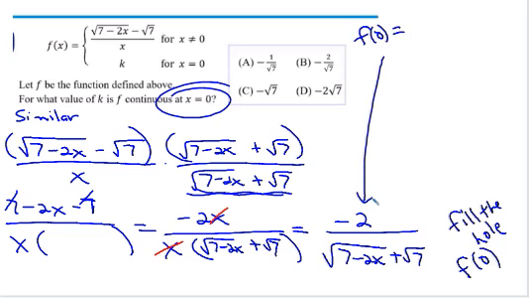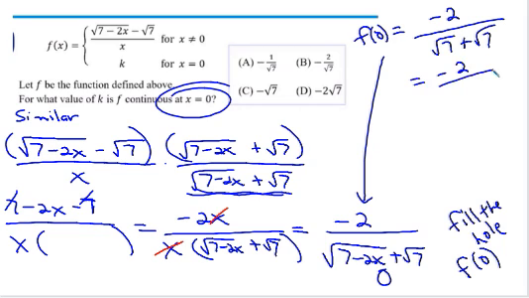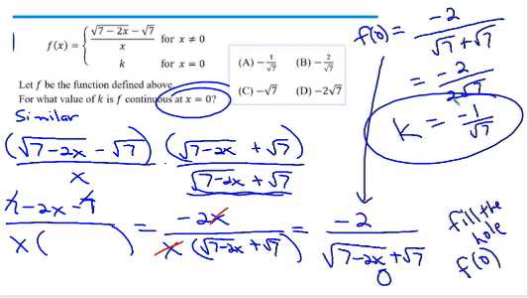And I have negative 2 over the square root, if I put a 0 in right there, that's just going to be the square root of 7 plus the square root of 7. So I'm going to have negative 2 over 2 square roots of 7. So that's going to be negative 1 over the square root of 7. And that would be my k value. That would be what we're working towards.